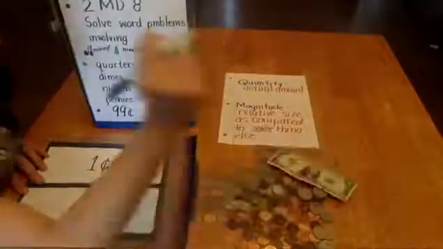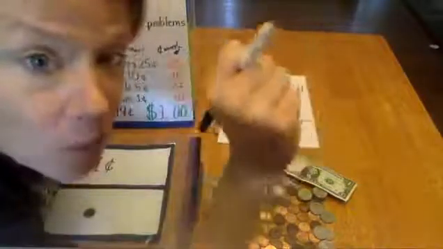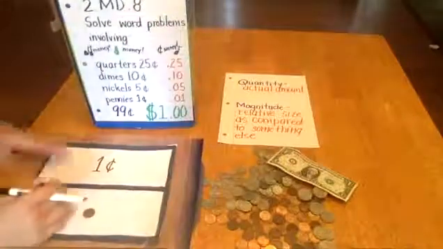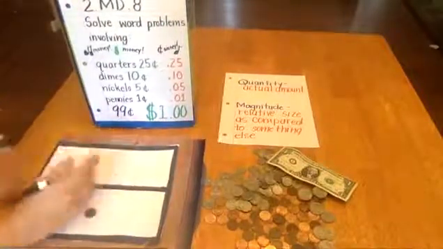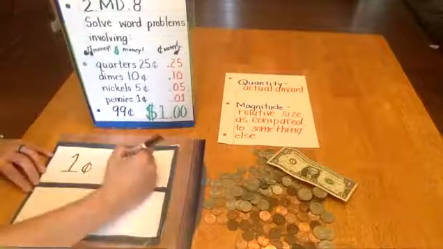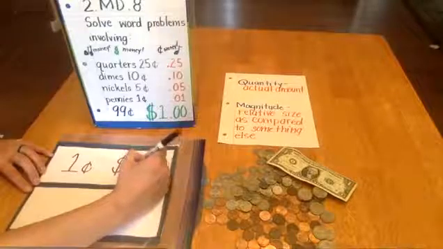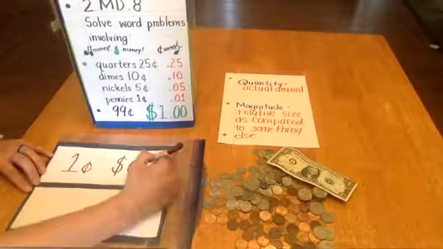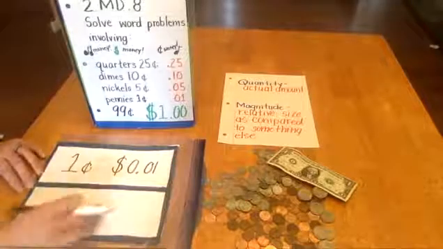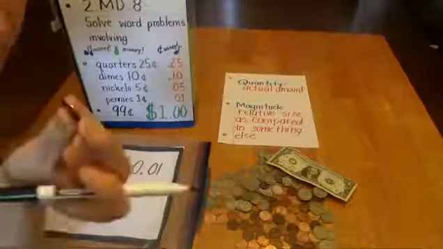I know you know. 100 pennies would be in one whole dollar. As second graders, if you were going to write it using the dollar sign, you would say the dollar sign. We don't have any dollar bills, and we only have 1 cent. So that's 1 cent, or we also call it a penny.